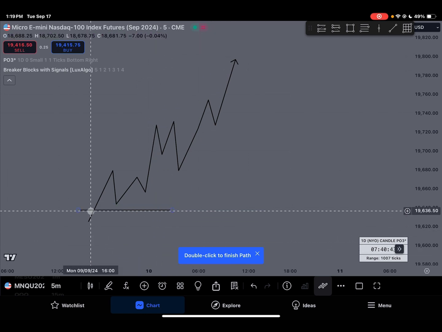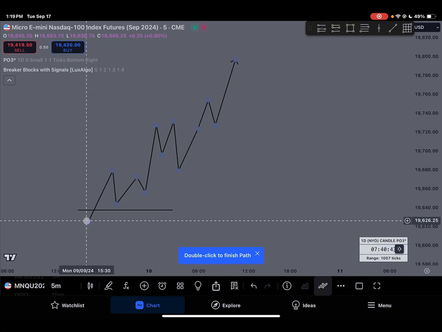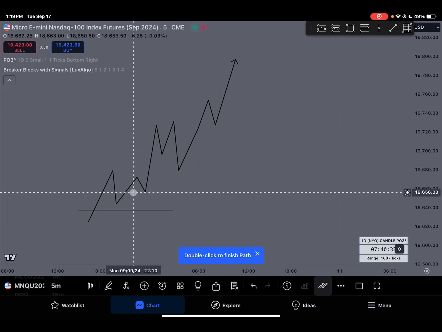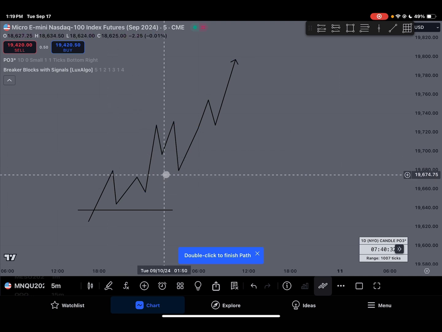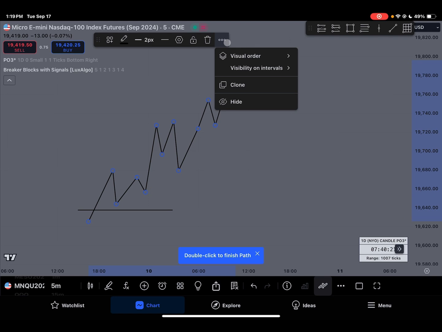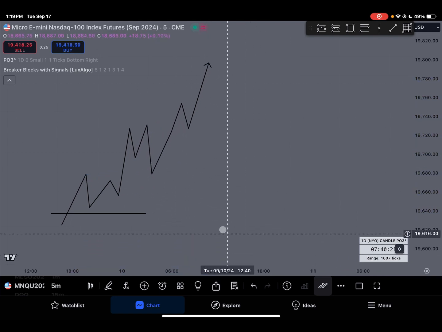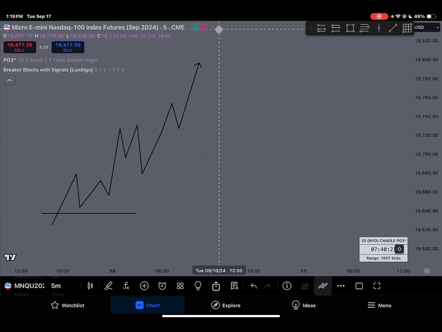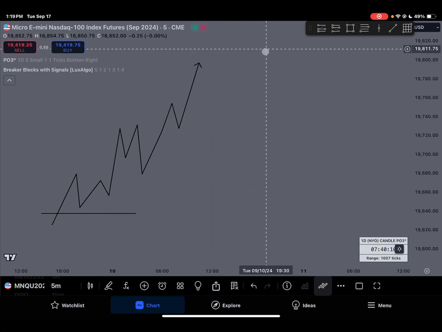You'll see breakers. For a bullish one, it's going to be a low, a high, a lower low, and then a high that closes above. Once it closes above, expect to retrace down. The same thing goes for the bearish. So for a bearish example, you anticipate price to put in a high, a low, a high, and close below the low.